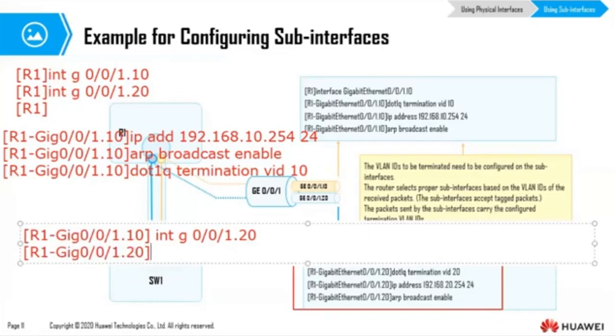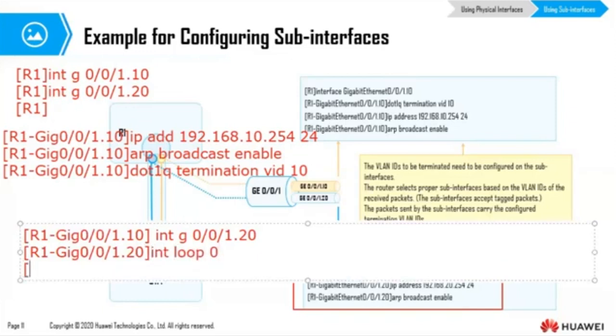In fact, you can even create a loopback here, int loop 0, like that. And it's going to get you to loopback 0 view. So when you are inside an interface, you can create another interface without quitting. Have I answered your question?